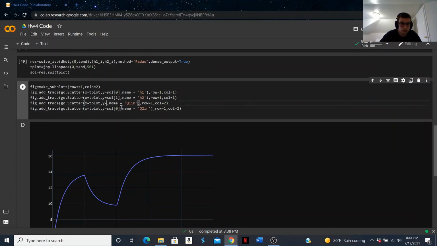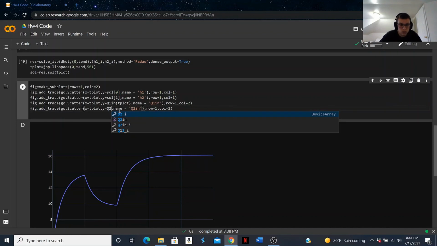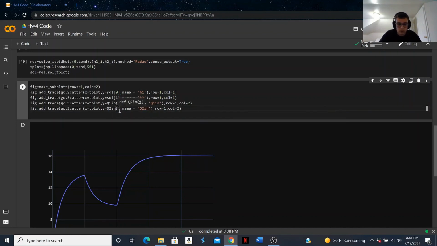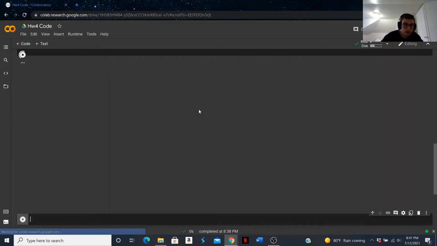They're going to be Q1 in of our T plot, and this one is going to be Q2 in of our x-axis, our T plot. So these at least should work out.